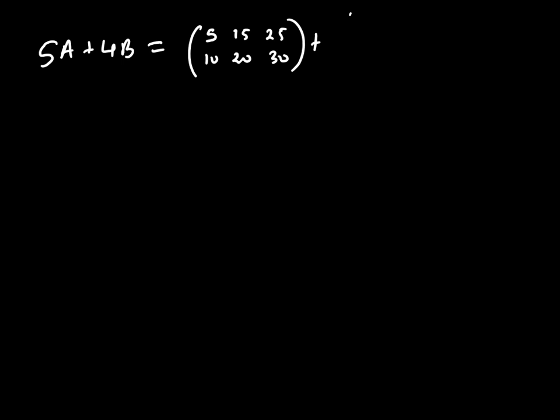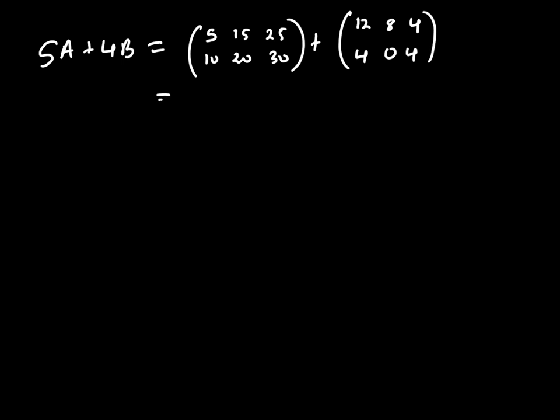Dear friends, 5A plus 4B will now give us 5 times A, this is 5, 15, 25, 10, 20, and 30. We are adding to 4B, and 4 by 3 is 12, 8, and 4, then 4, 0, 4. Now we add the corresponding entries because each of these matrices is a 2 by 3.